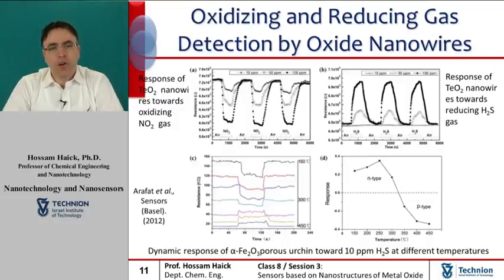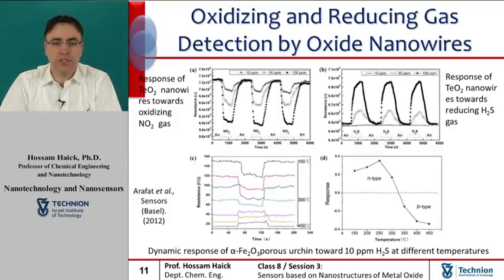Another example of a nanowire-based metal oxide sensor is presented on the upper side of the current screen. The presented example focused on the measurement of the sensitivity of tellurium dioxide nanowires in terms of resistivity. The resistance response of the tellurium dioxide nanowires was measured from synthetic air to 10, 50, and 100 ppm nitrogen dioxide gas at room temperature.